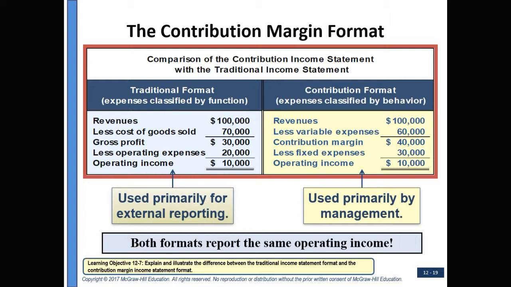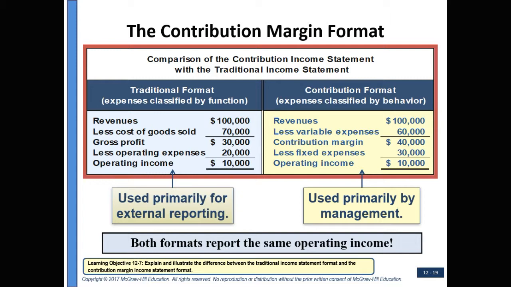Fixed expenses are then subtracted from this contribution margin to arrive at operating income. Note that both have the same operating income. We just come at this from a slightly different perspective. This is a great representation of how it's the exact same information that we're using.